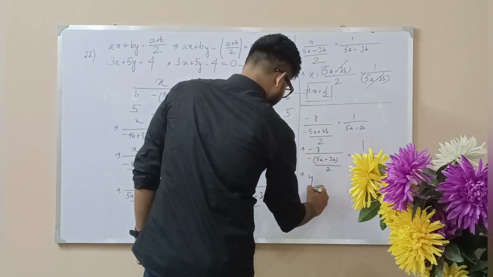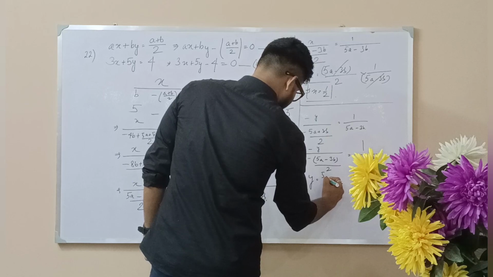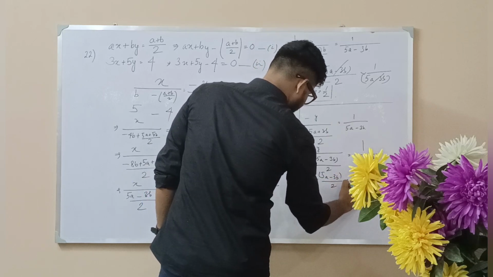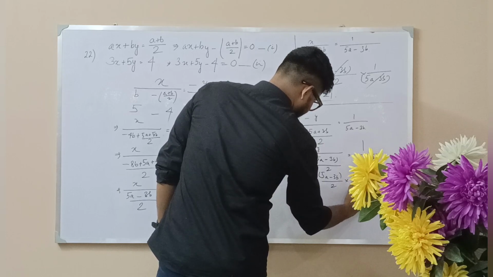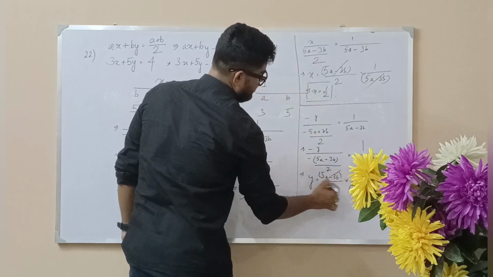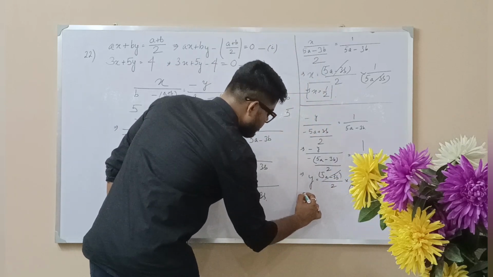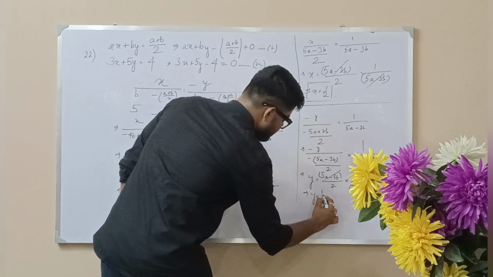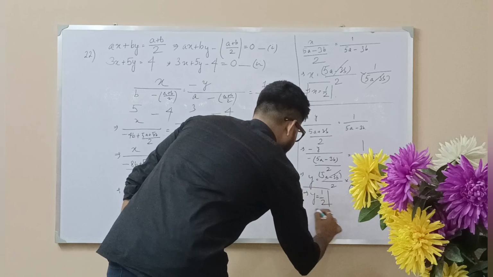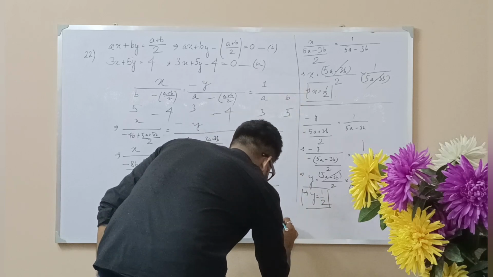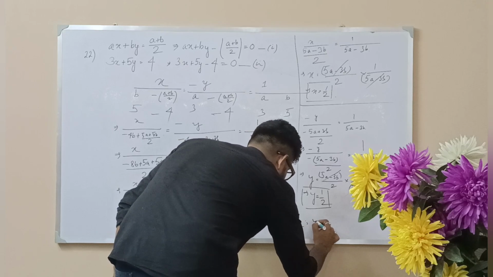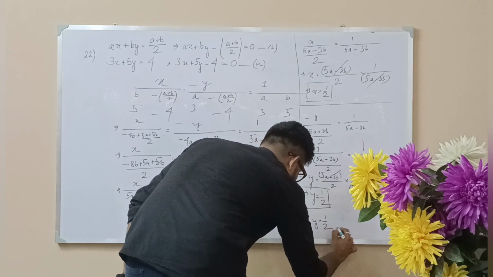So the value of y will be (5a minus 3b by 2) into 1 by (5a minus 3b). Now again I'll cancel it, so the value of y will also be half. So we can conclude from this sum that x equals half and y equals half.